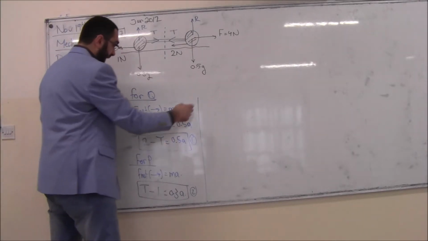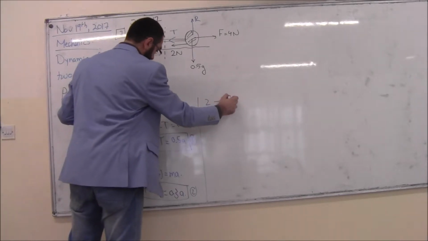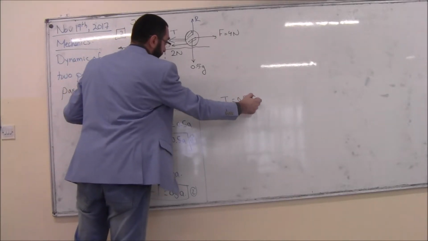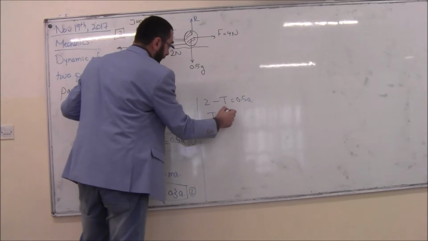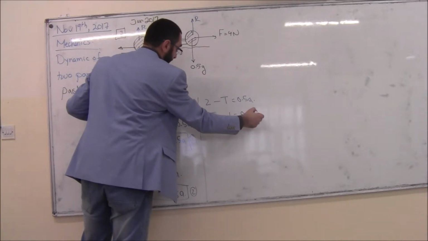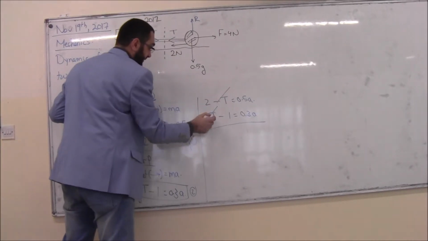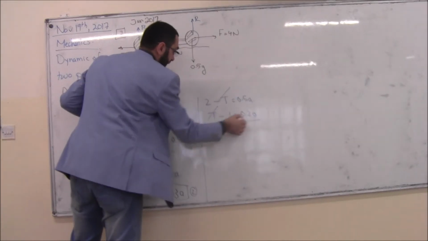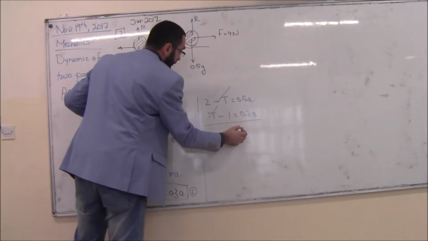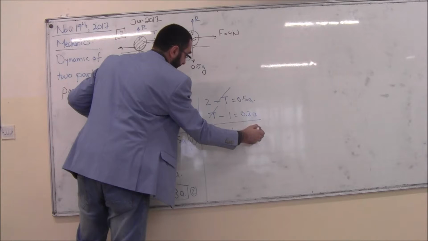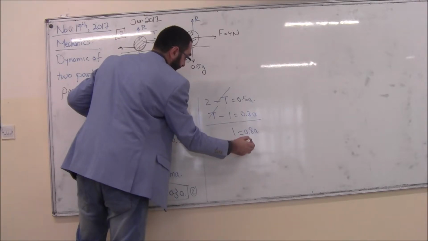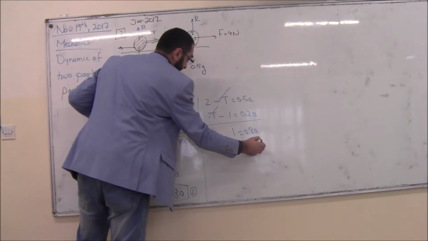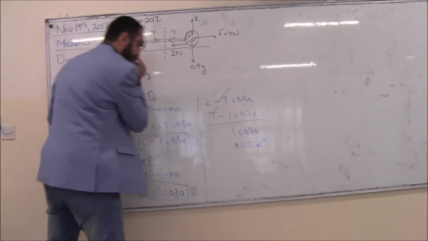So if I add them together, 2 minus T equals 0.5A, and T minus 1 equals 0.3A. T cancels T, right? 2 minus 1 equals 0.8A, so A equals 1.25 meters per second squared.